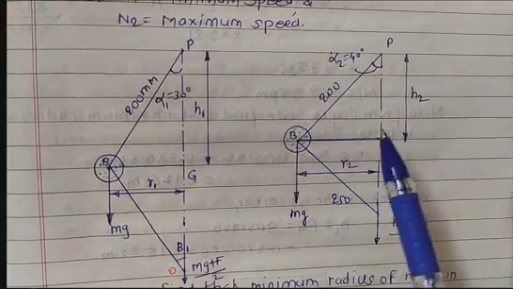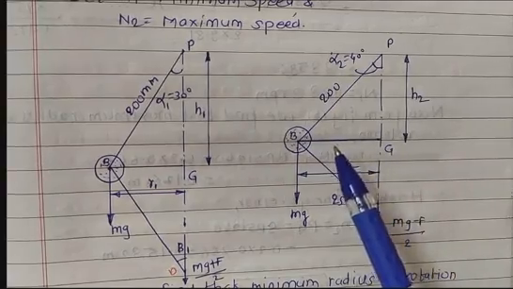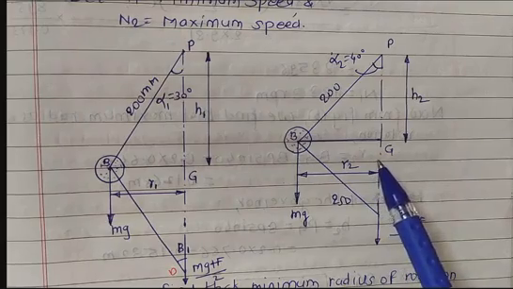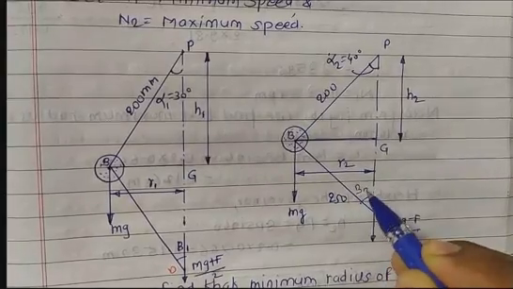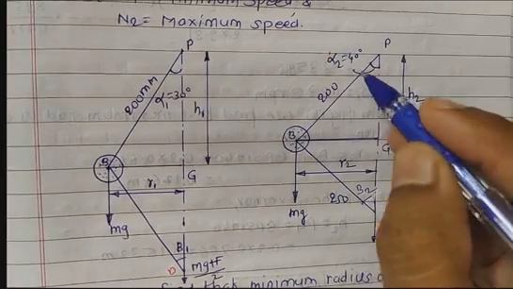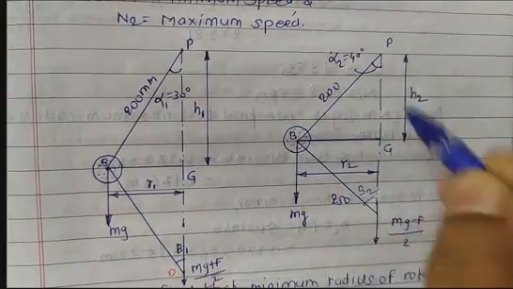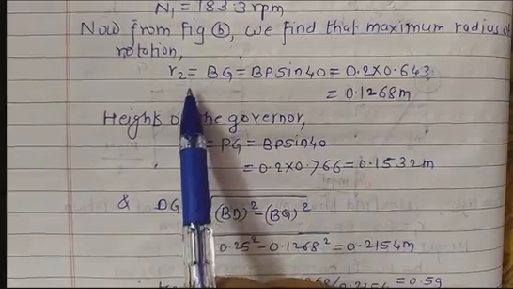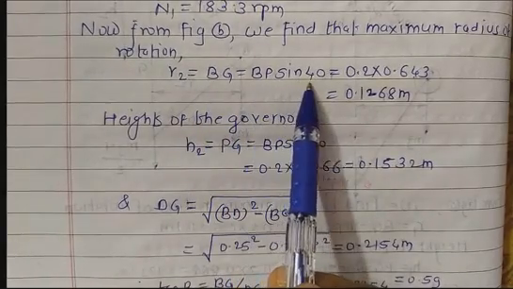Now corresponding to the maximum position, in a similar way get the value for r2, then get the value for tan of beta 2. You have to find the tan of beta 2 as well as tan of alpha 2 by considering this relation. So we can get the value for r2 as BP sine of 40.